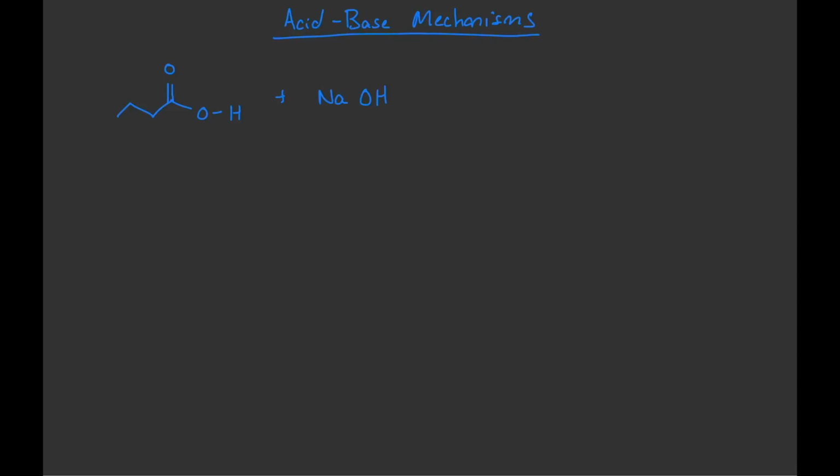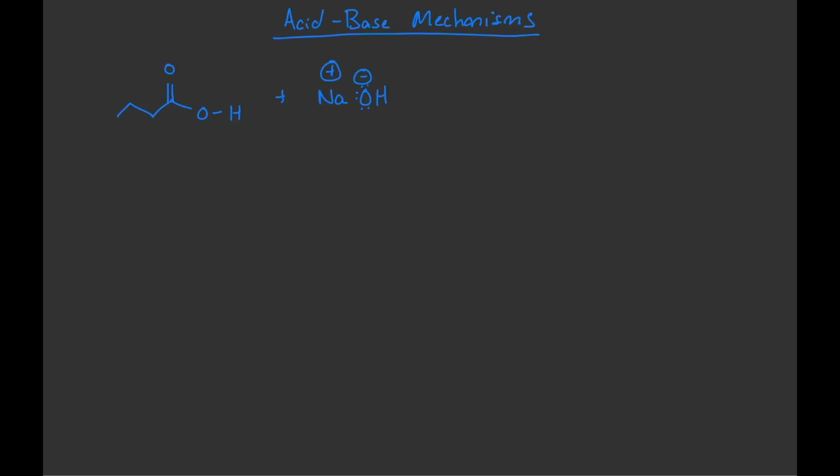Now I have these drawn out separately, especially the sodium hydroxide, because when in solution, sodium hydroxide will typically exist in its ionic form. So sodium will carry a plus charge, and then our OH will carry a negative charge. And then I drew out our carboxylic acid OH group, and you'll see why I did that in just a second.